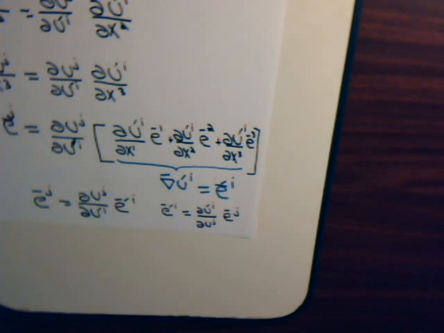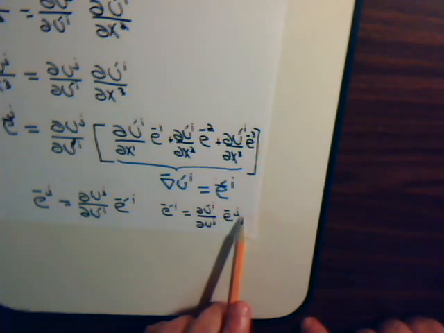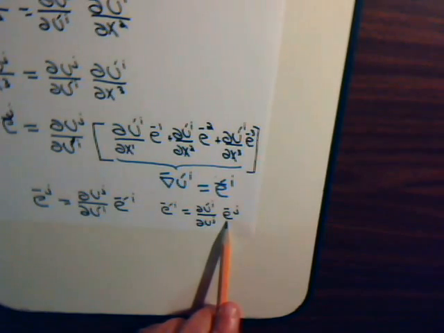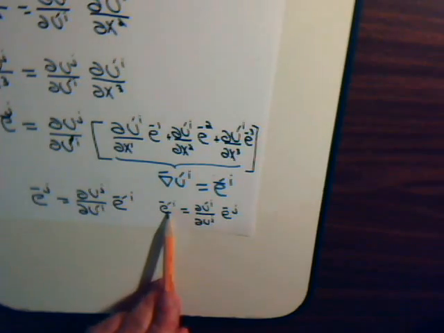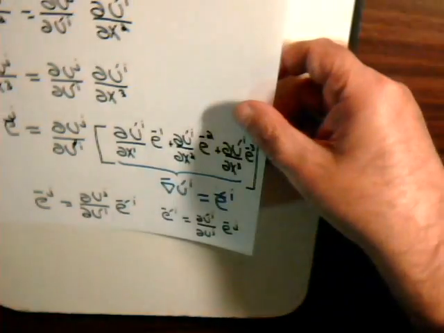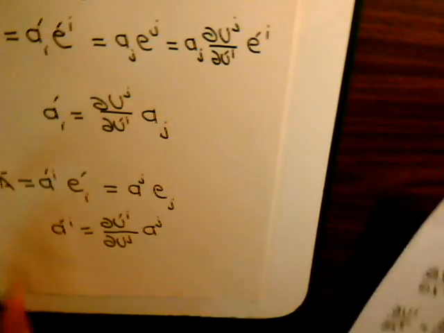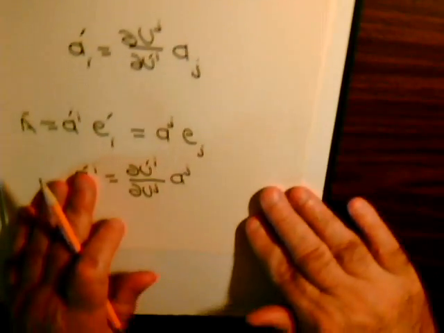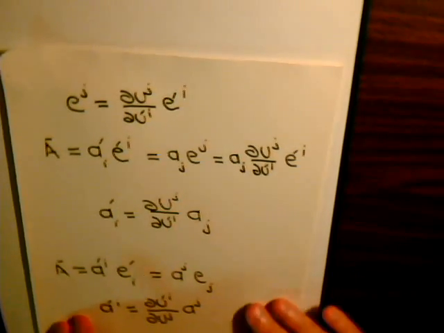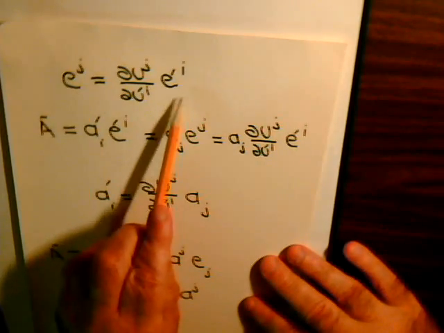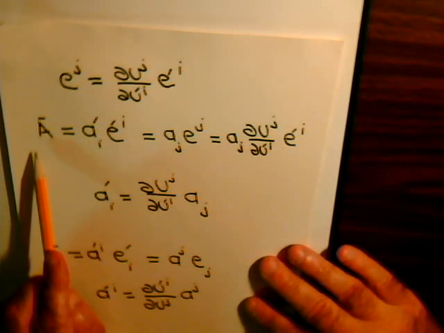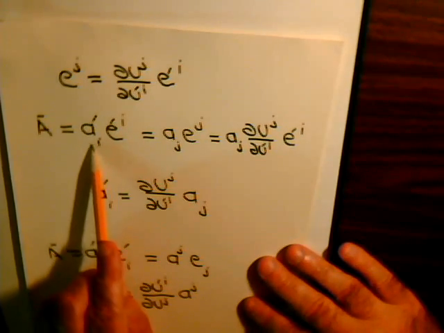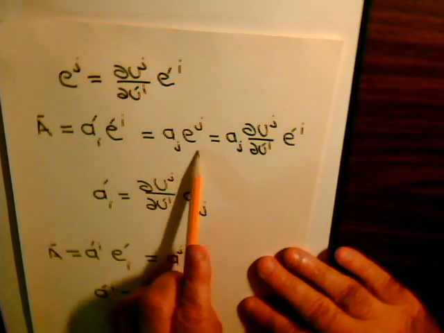Or we could say solve the equation for this and we have e prime i is equal to this. So now remember, this is orthogonal to one of the coordinate axes. And if we know what it is in the unprimed system, then we can figure out what it is in the prime system. Okay, so let's just take that a step further. We have this equation. We just derived that. Now, vector A, we can express it in the prime system and in the unprimed system.